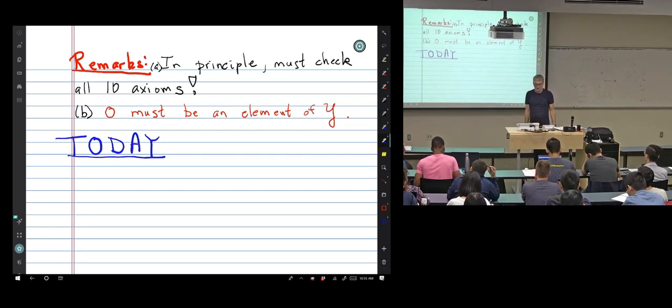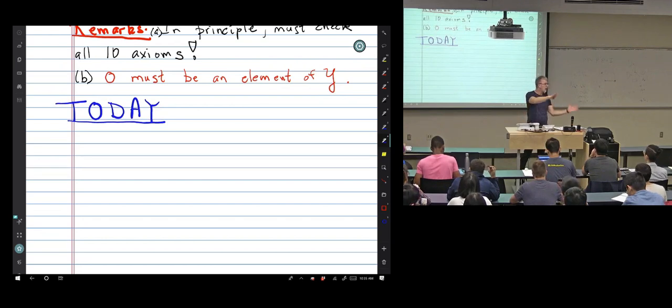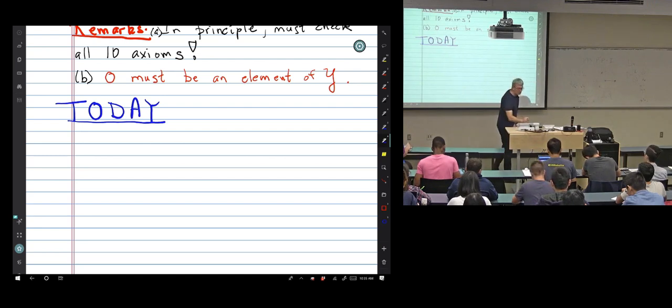We don't want to do that, so we're going to have a shortcut today. But remember, to prove something is not a subspace or not a field, you just need to fail one of the axioms, one of the 7 for a field, one of the 7 for a subspace.